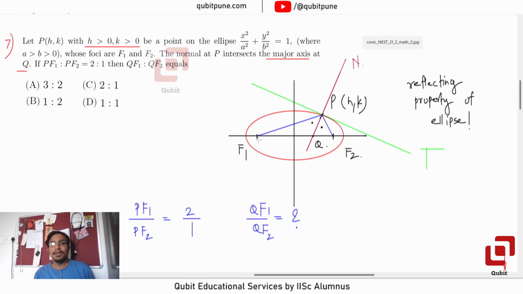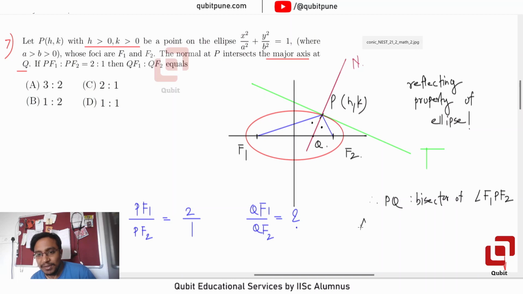Alternately, if we have a point source at F2, all the rays that you draw from F2 get reflected along the ellipse, and you will find that all of them will again converge at the second focus of the ellipse, that is F1. Which automatically makes PQ the angle bisector of angle F1PF2.